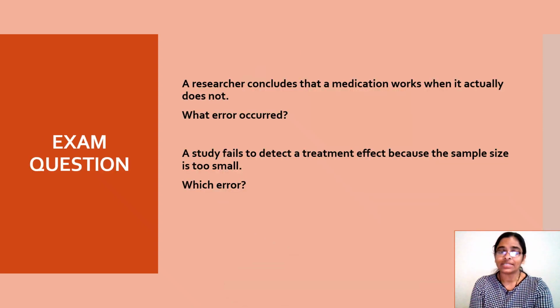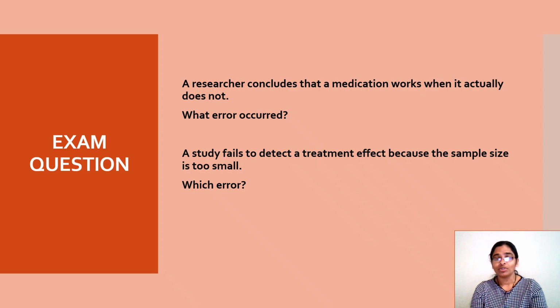Let's look at some of the exam questions. A researcher concludes that a medication works when it actually does not. What error has occurred? It is a false positive, type 1 error. Another question, a study fails to detect a treatment effect because the sample size is too small.